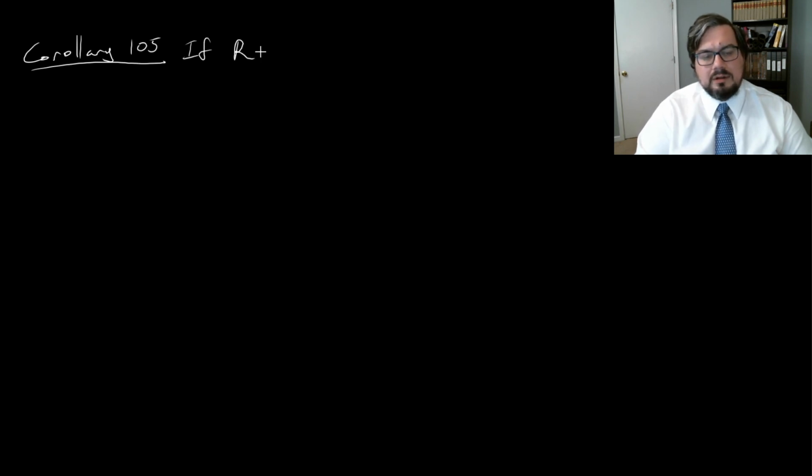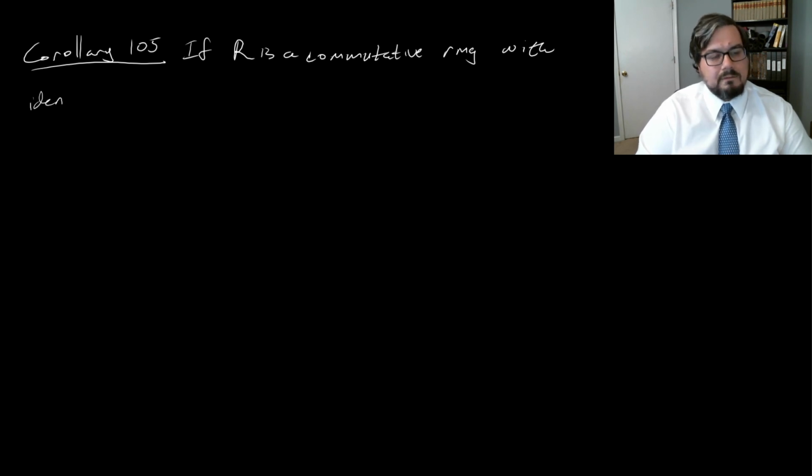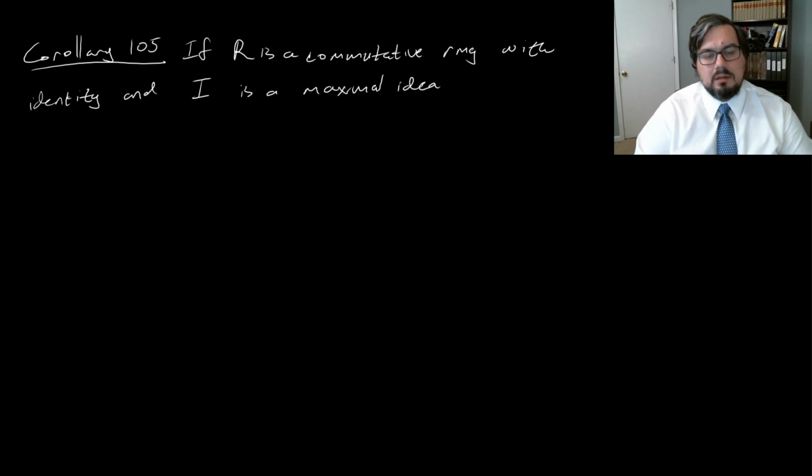If R is a commutative ring with identity, and I is a maximal ideal of R, then I is a prime ideal.